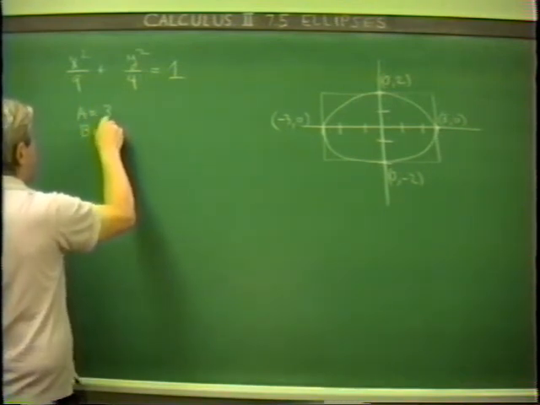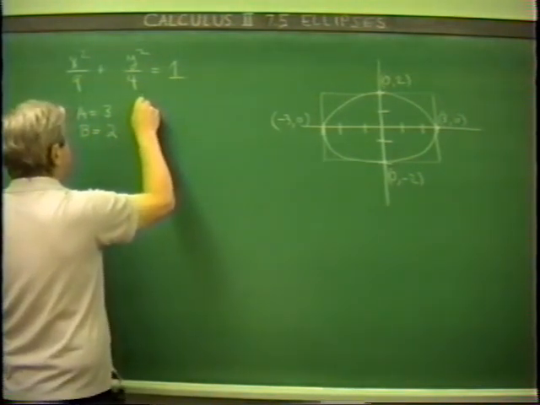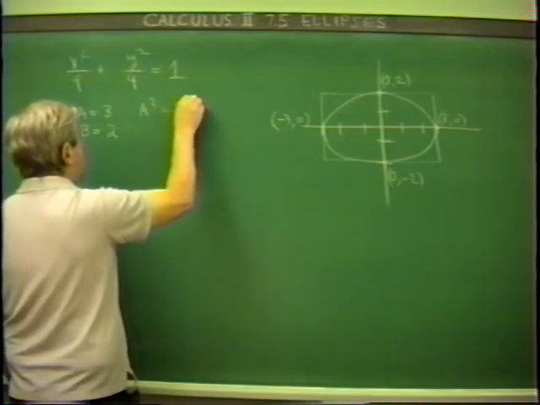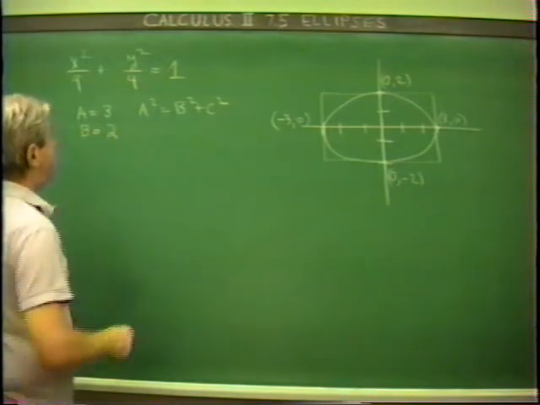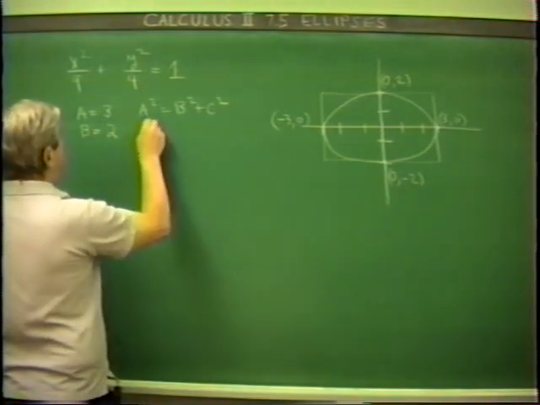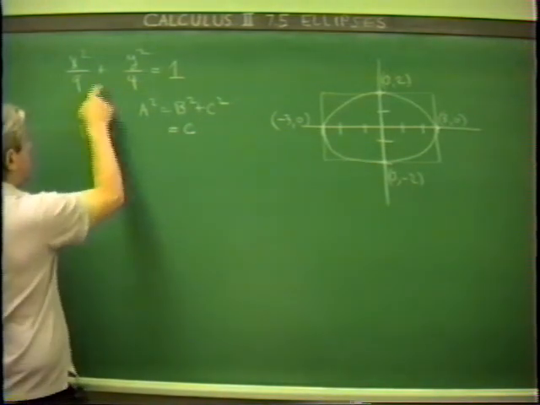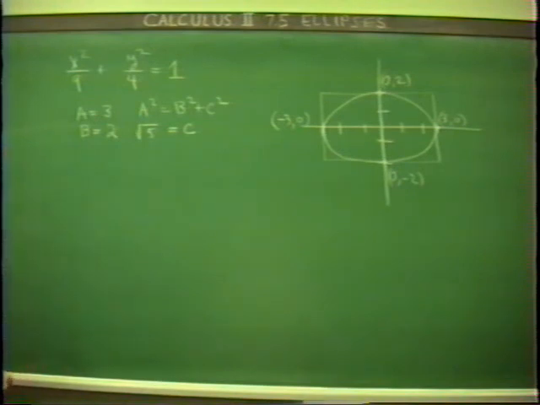A is 3, and B is 2, and we have A squared is equal to B squared plus C squared for the ellipse, where A is the larger of these two here, so that we get C is equal to the square root of 5. 9 minus 4 is C squared, so C is the square root of 5.